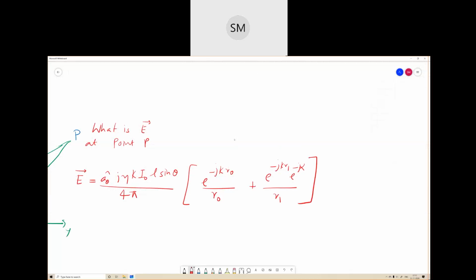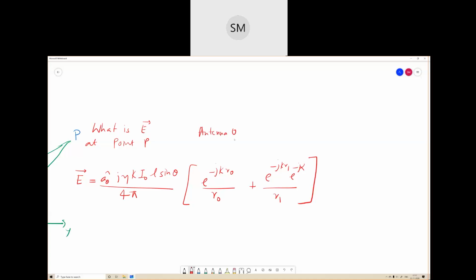Can we write this? This is due to antenna 0.